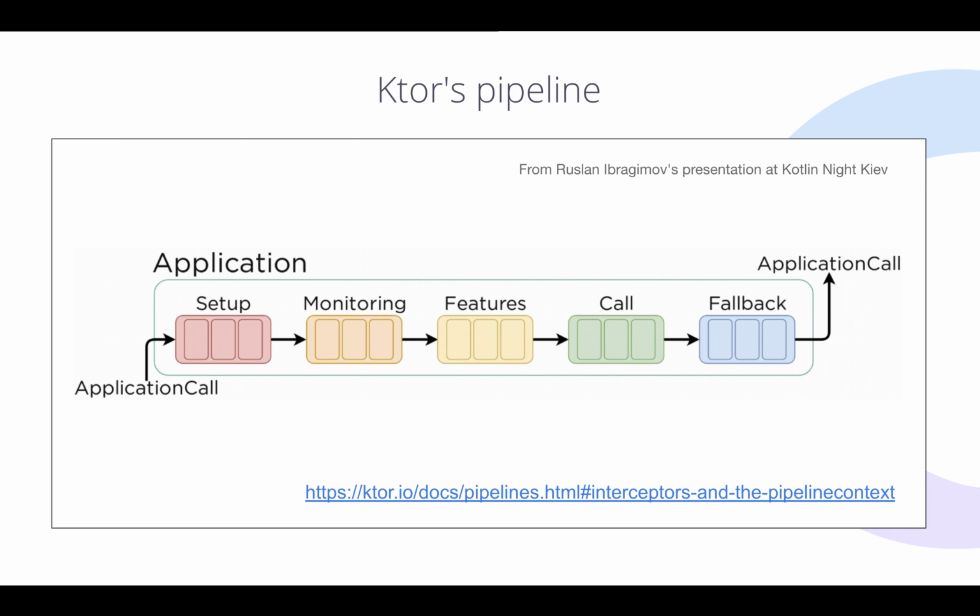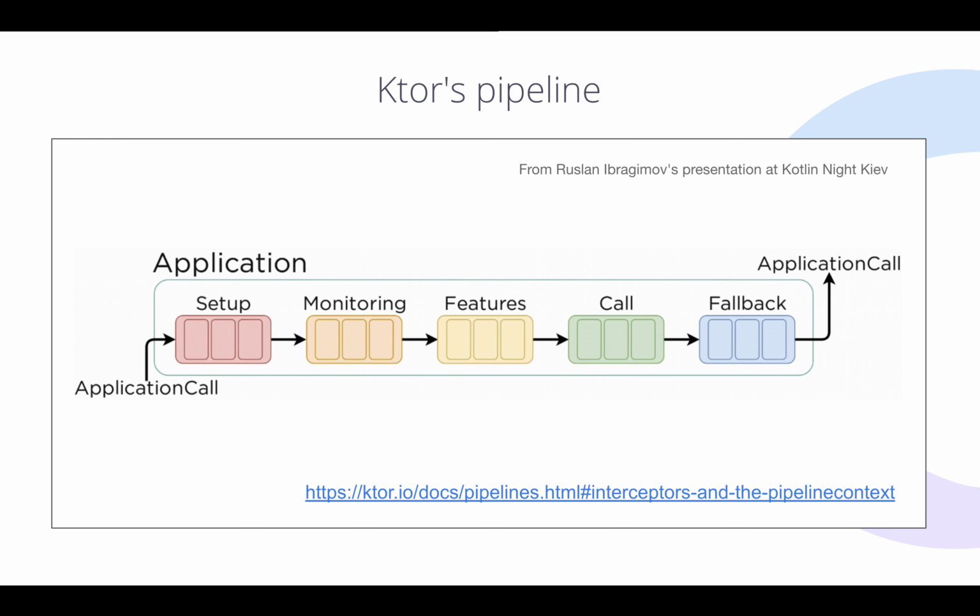So you're probably interested in the architecture of Ktor, and it doesn't force any architecture on you aside from this application call architecture, which is the architecture of Ktor itself. So every call which happens in Ktor has 5 predefined phases: setup, monitoring, features, call, fallback.